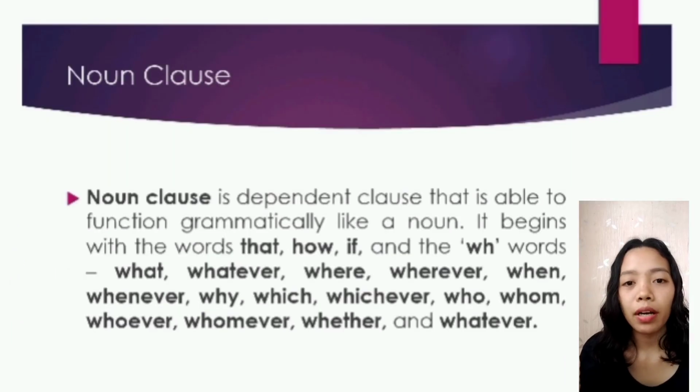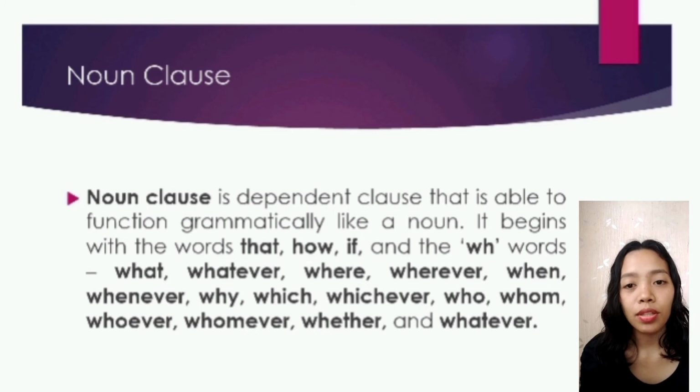So the last type of adjective complement clause is the noun clause. So what is a noun clause? A noun clause is a dependent clause that is able to function grammatically like a noun.